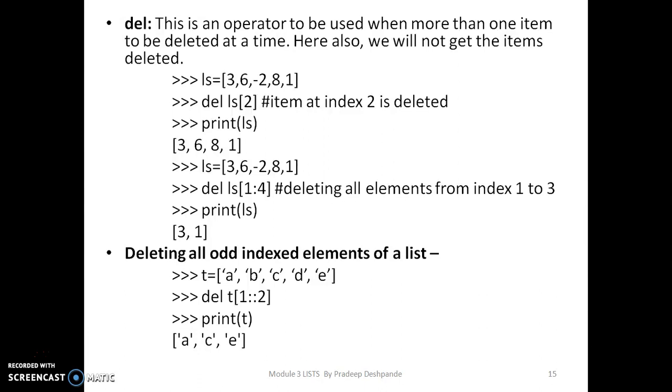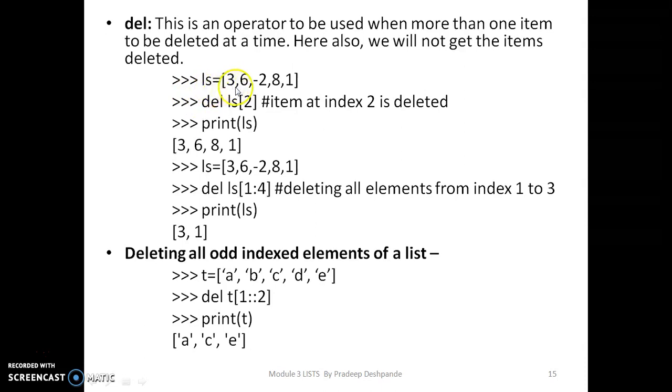We also have del here. Del is a kind of operator, not a function. If you want to delete more than one item in the list, you can use del.